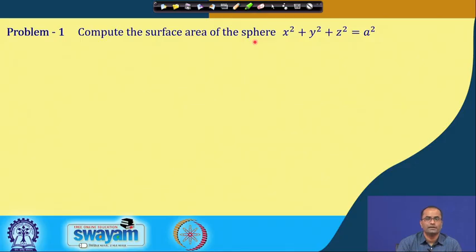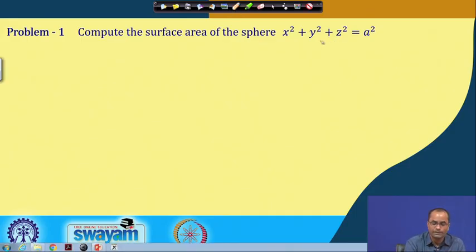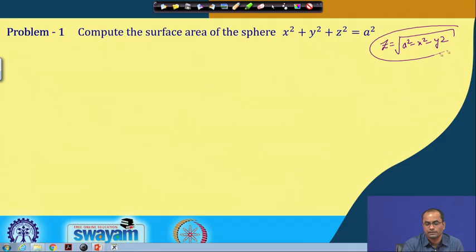So, in the xy plane, this will be a circle of radius a centered at 0. So, we have the domain now, that is the circular disc in the xy plane, and then the surface will be given by simply z equal to the square root of a squared minus x squared minus y squared, because we are considering the upper part of the sphere, and we can double it to compute the surface area of the whole sphere.